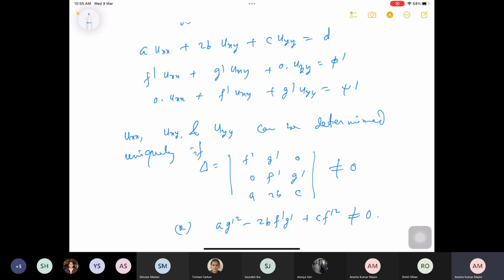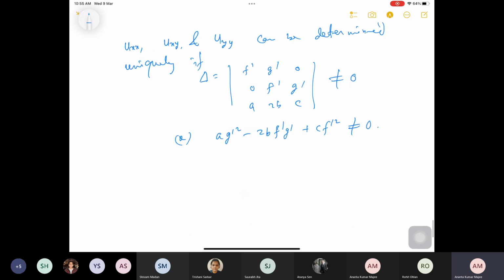Okay, so in the first order PDE, we also found the non-characteristic condition. So here, actually, we declare it as a non-characteristic curve.